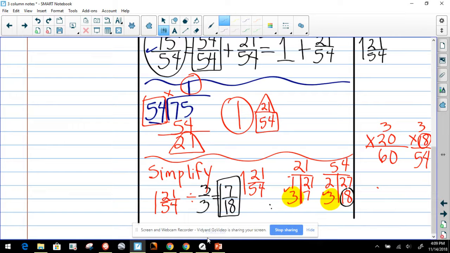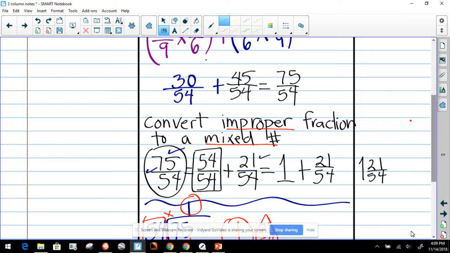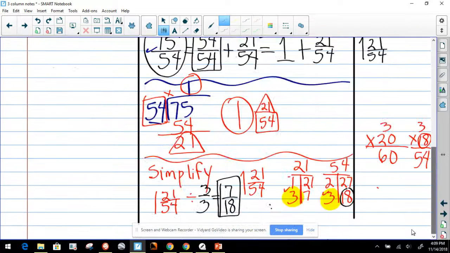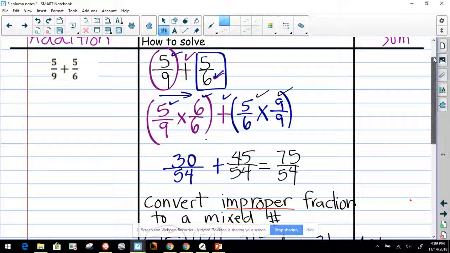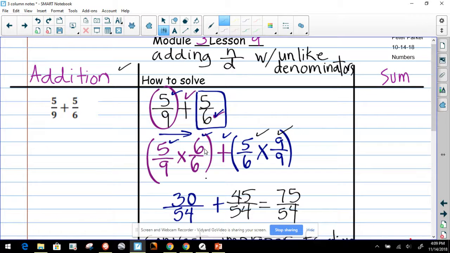My friends, watch the video again. This is a good video to watch if you are struggling with fractions. And review them. The first thing you do is find the common denominator, which we did up here. Let me write this. Find common denominator.